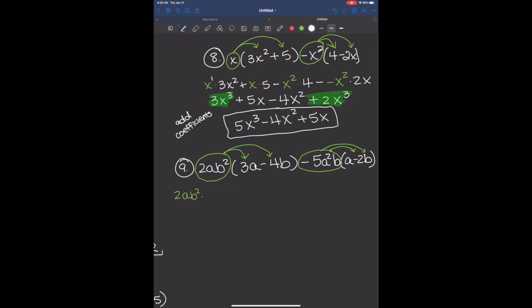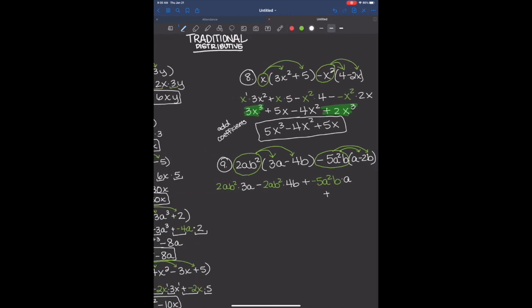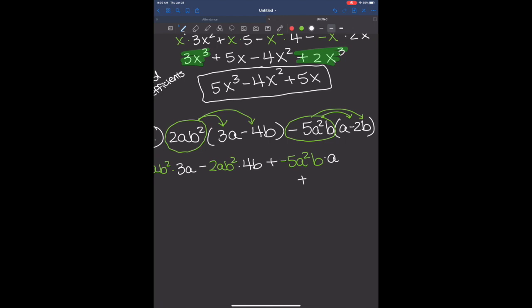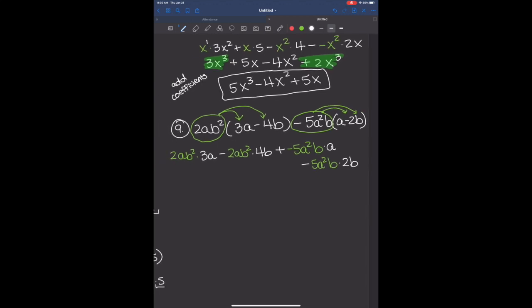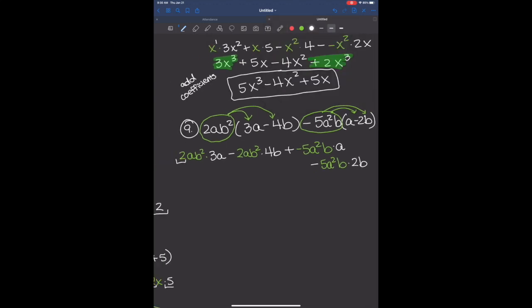So as you can see, I'm going to put what we're multiplying that's new in green, and then what was in the parentheses is in white. And so when we multiply those things together, we are going to end up adding the exponents and multiplying the coefficients. Then when we find like terms is when we add the coefficients.